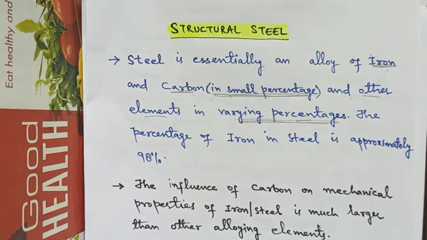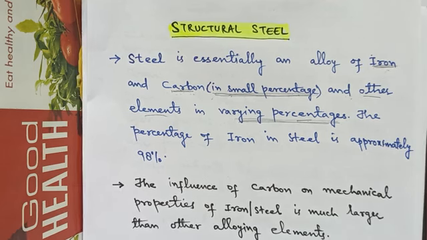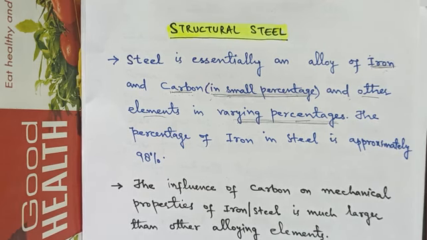Generally, carbon content in structural steel is in the range of 0.12% to 0.25%. When the percentage of carbon in iron is beyond 2%, we get brittle cast iron.